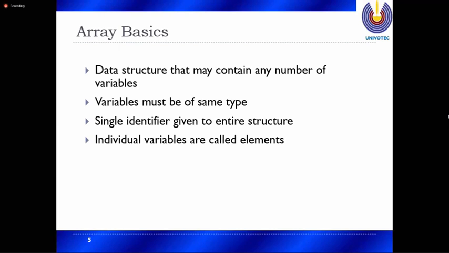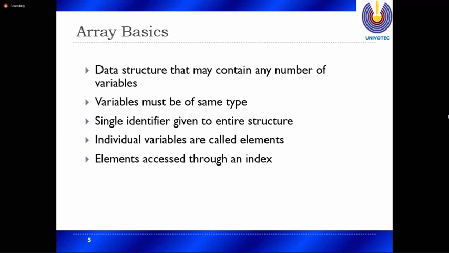Then you can declare the array. For example, if you want to keep 10 values in the array, you use 10 elements. Element access is through the index. The index starts from 0 up to the last element number.